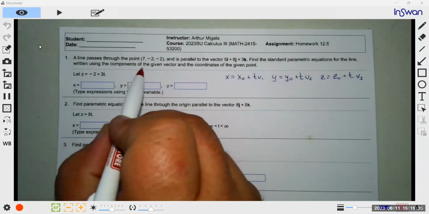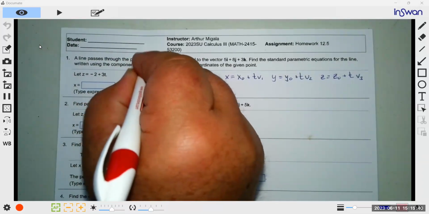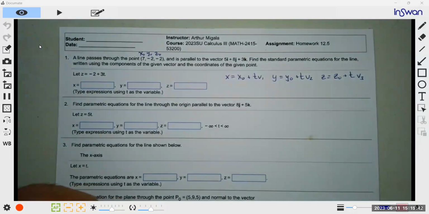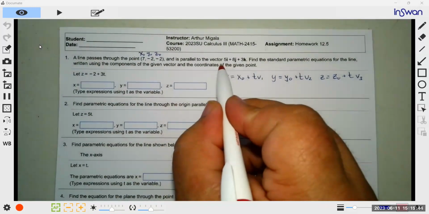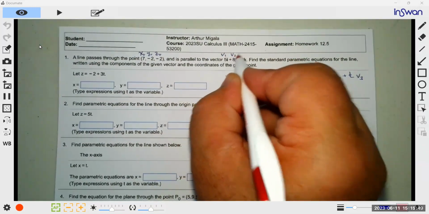What we see here is the point (7, -2, -2). Those are our x sub 0, y sub 0, and z sub 0, and the vector components are v sub 1, v sub 2, and v sub 3.